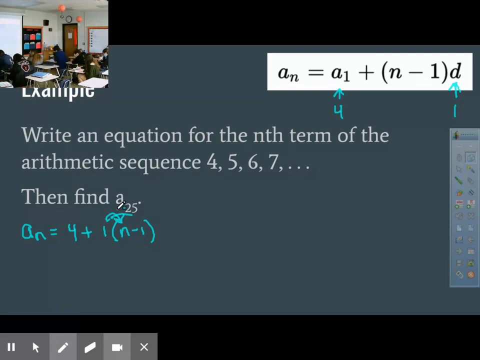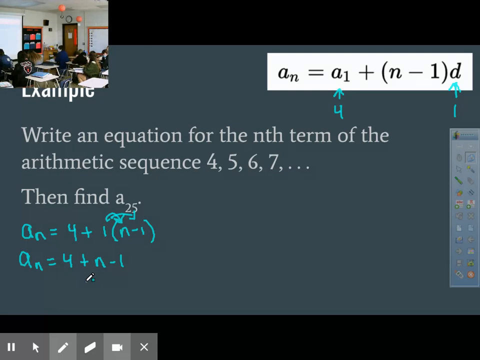At first, you leave it alone, but after you distribute the 1, you combine it with the other constant. So it would be 4 plus 1 times n is n, and 1 times negative 1 is negative 1. If you have a 1 in front of the n, it's just n. Yes, 1 times anything is just itself.